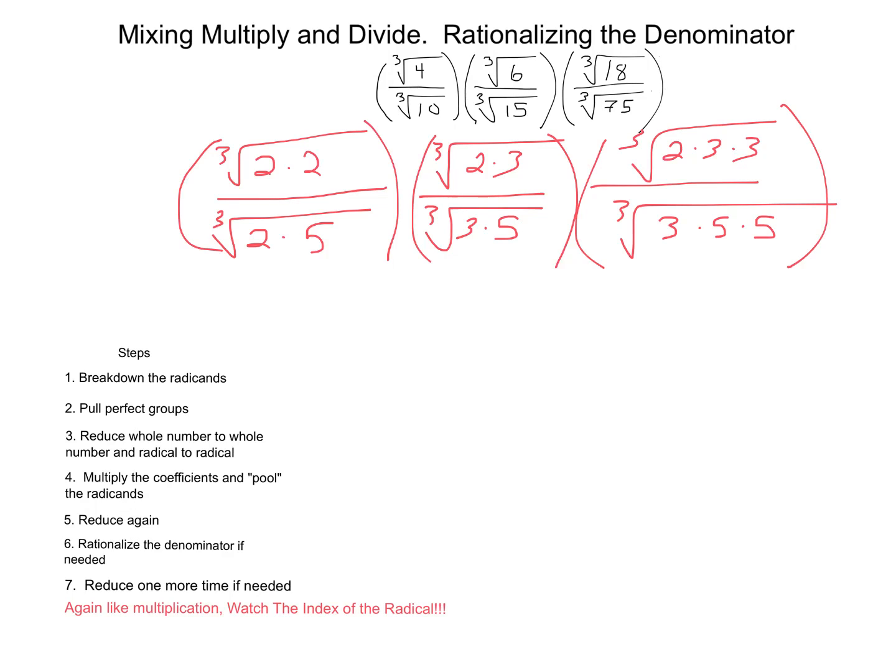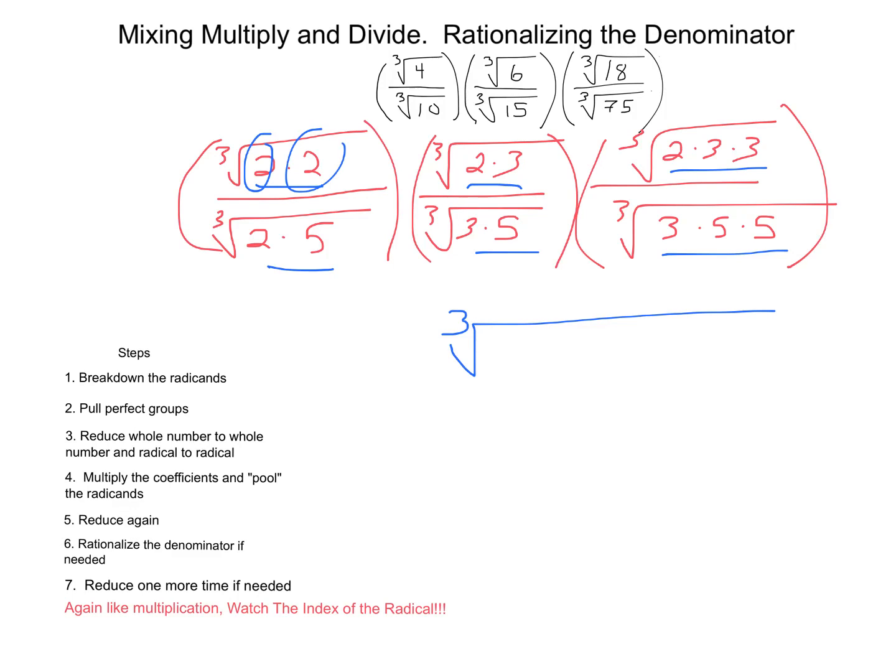Alright, so we have that. So our next step, let's try to pull perfect groups. So this has nothing. Okay, that has nothing, nothing, nothing, nothing, and nothing. So I don't have to rewrite this one this time. So now let's pool this all together. On the top, no regular numbers on the outside, so I can go straight to the radical.